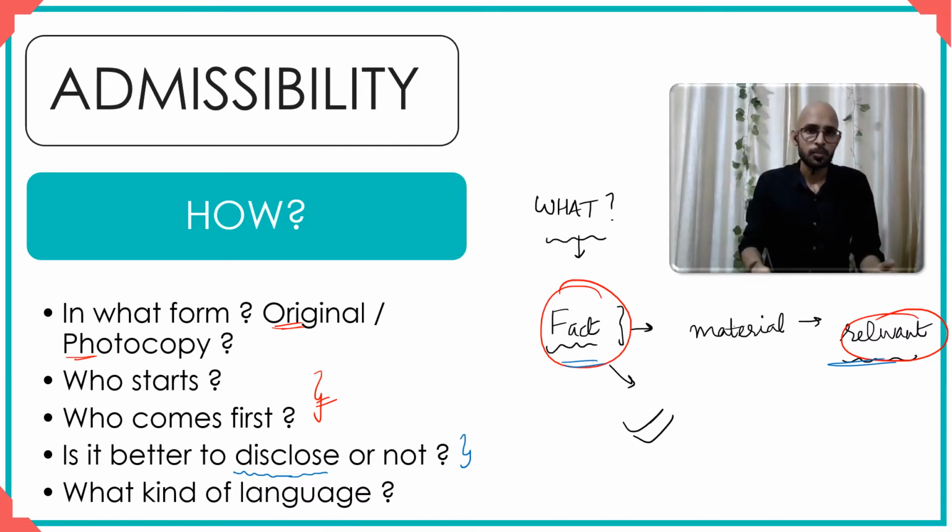Likewise, you might be stating a certain relevant fact, a very material fact, but can you use any kind of language? Can you be impolite? Can you be indecent? Can you be scandalous? This is also a very important question.